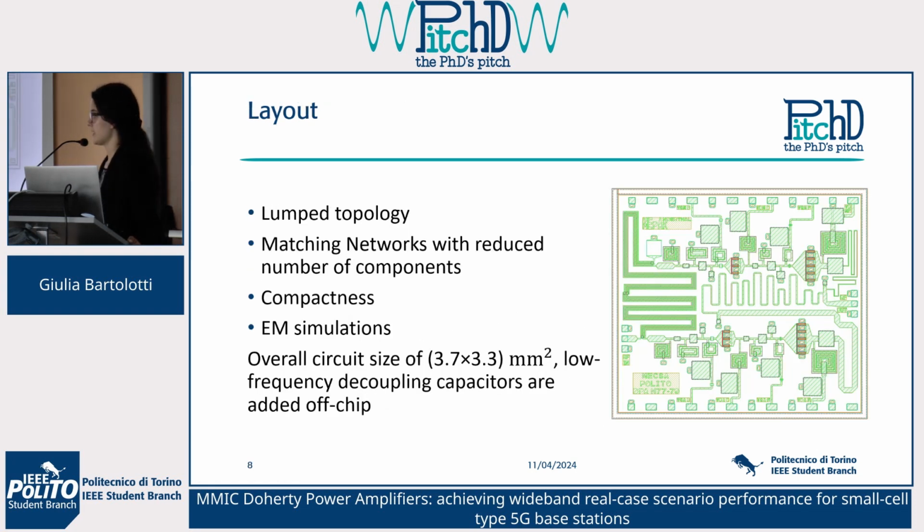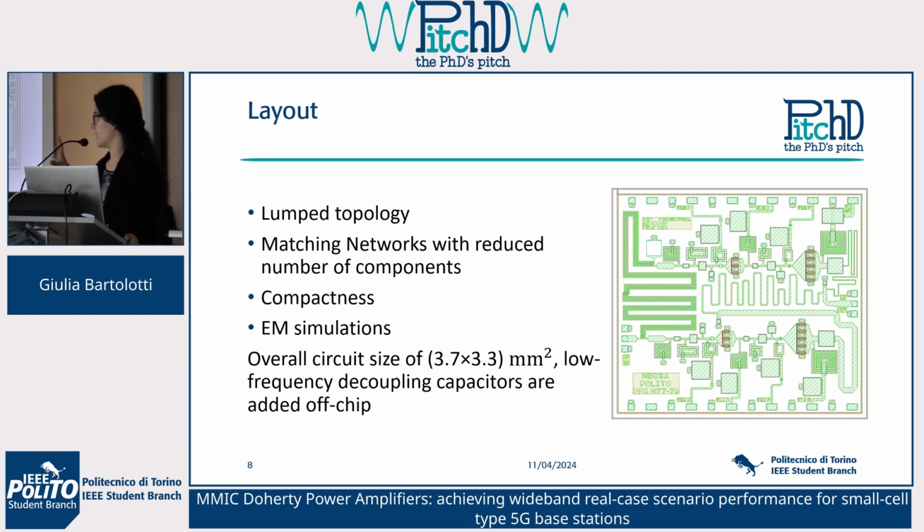This is the final layout we landed on. In order to remain inside the constraint of the size, we used lumped components for capacitors and inductors, and we reduced the number of these components in the matching networks as much as possible. This compactness also involved the most bulky components, like the input power splitter.